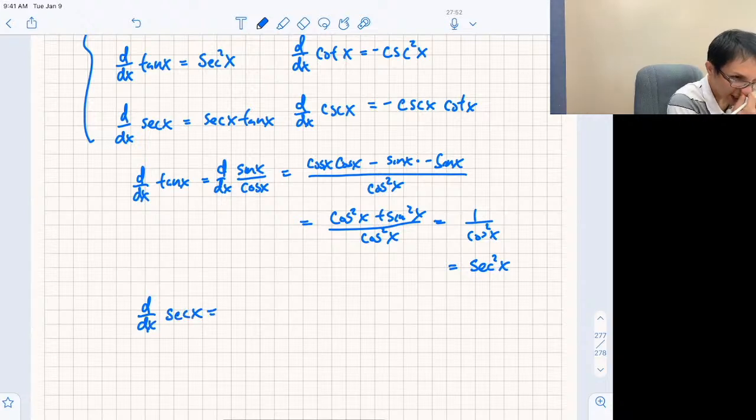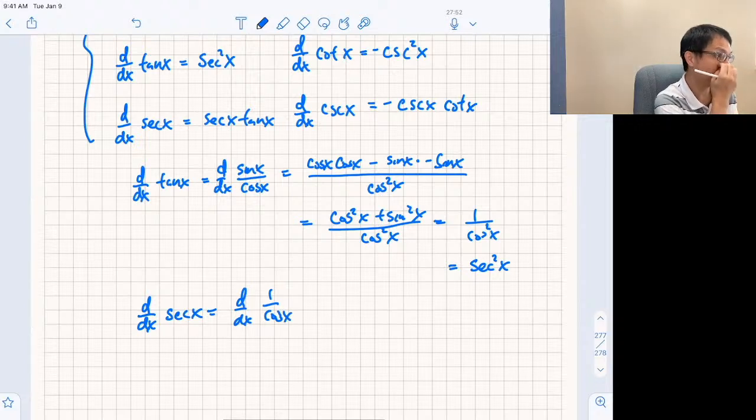How about the derivative of secant of x? This one's kind of hard, but basically it's the derivative of 1 over cosine of x. Since it's 1 over cosine of x, it can be done with the quotient rule, because that is a quotient. So what is it in this case? Low, d high. What's the derivative of 1? 0.